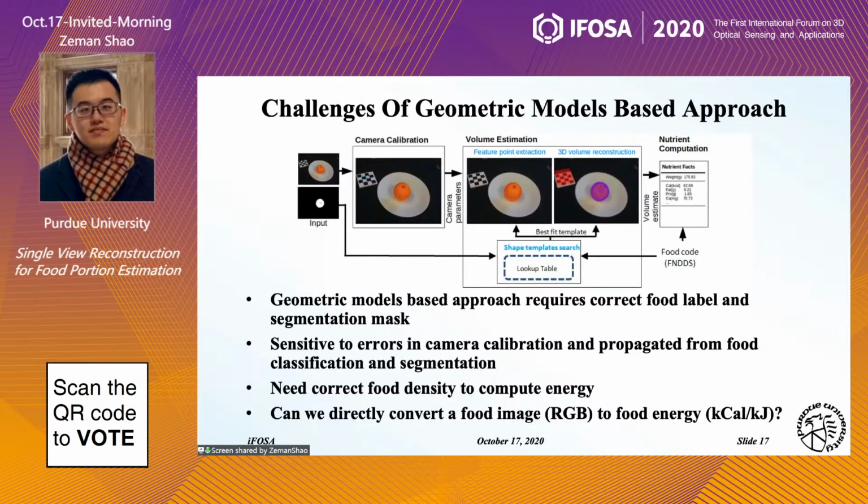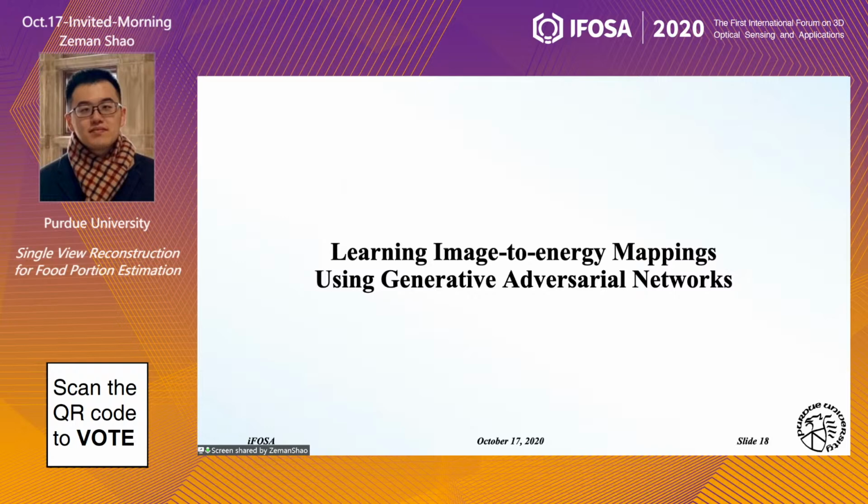We also need the correct food density to compute the energy. So we have a question: can we convert the food image, the RGB image, directly to the food energy? Therefore, we introduced another deep learning-based method.